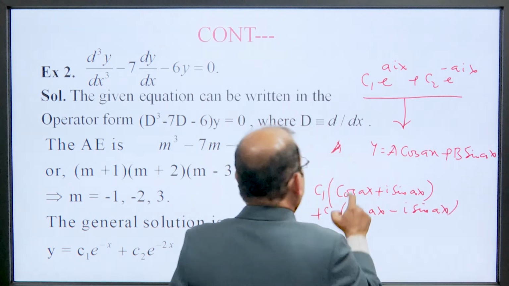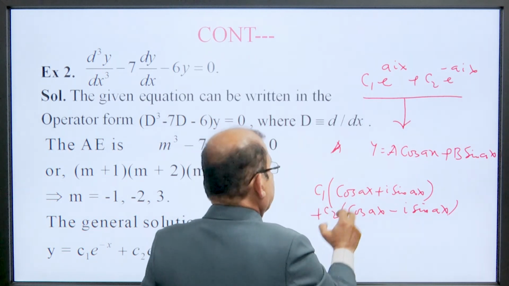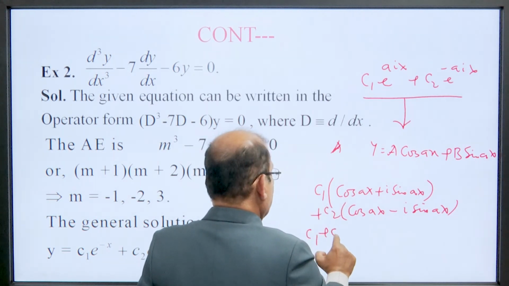Combining cos and cos, we have C1 plus C2 times cos ax.